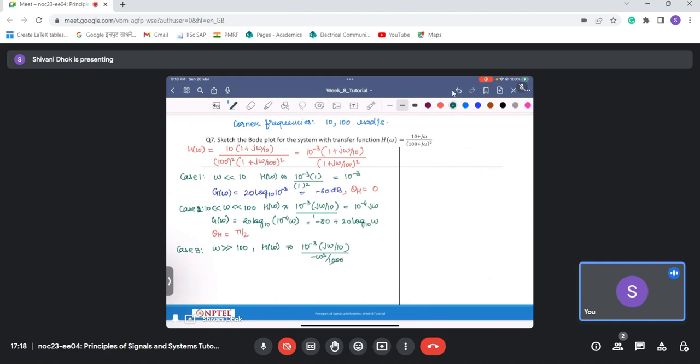So this and this get cancelled, this and this get cancelled, so it is equal to −j/(10ω). Therefore this G(ω) is equal to minus 20 log to the base 10 of ω, and here θ_H is equal to −π/2.